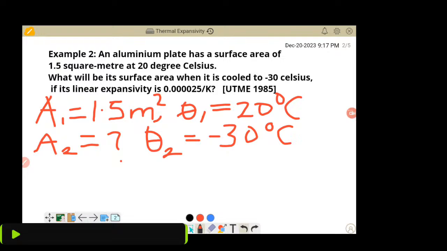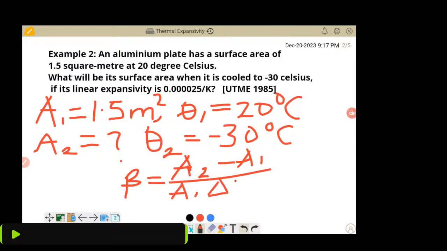Now we still go with the same approach from what we discussed earlier during the introductory part of this lecture. Let's see, we have superficial expansivity equal to A2 minus A1 over A1 times change in temperature.